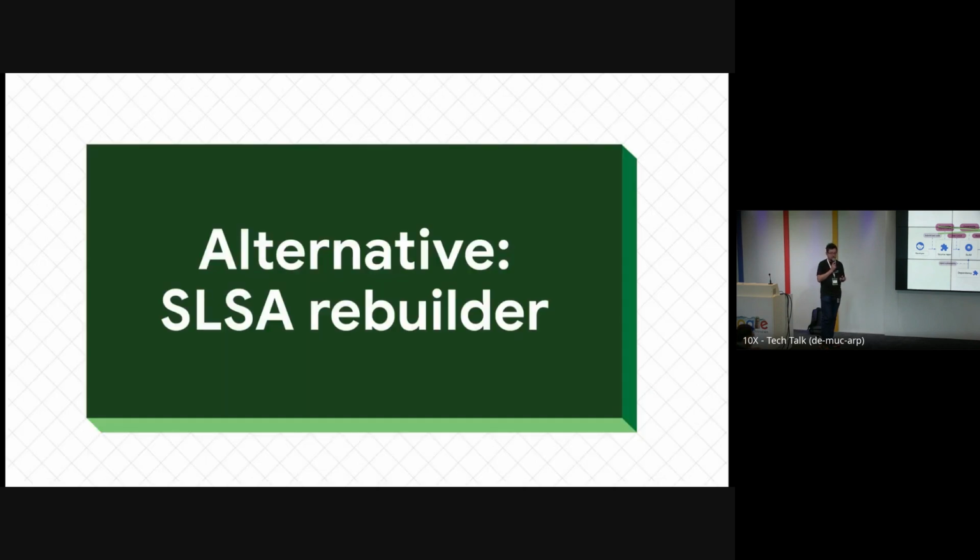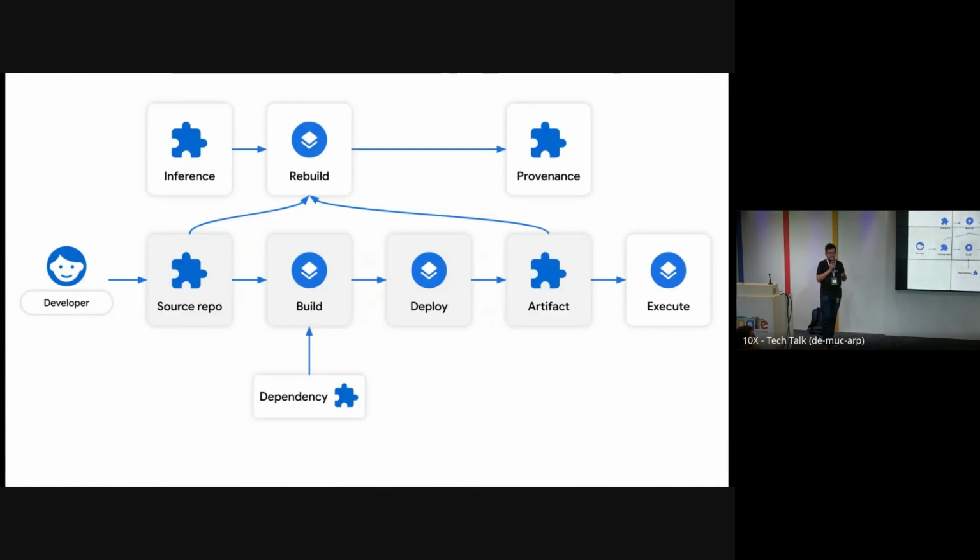But there is more. There is an alternative called Salsa Rebuilder. If you remember from the SolarWinds postmortem, they had two ideas. One was to use Salsa, the other one was to do reproducible builds. So what is the idea behind the rebuilder? Let's assume that you don't have visibility into the workflow of one of your dependencies, but that dependency is critical and you cannot replace it.